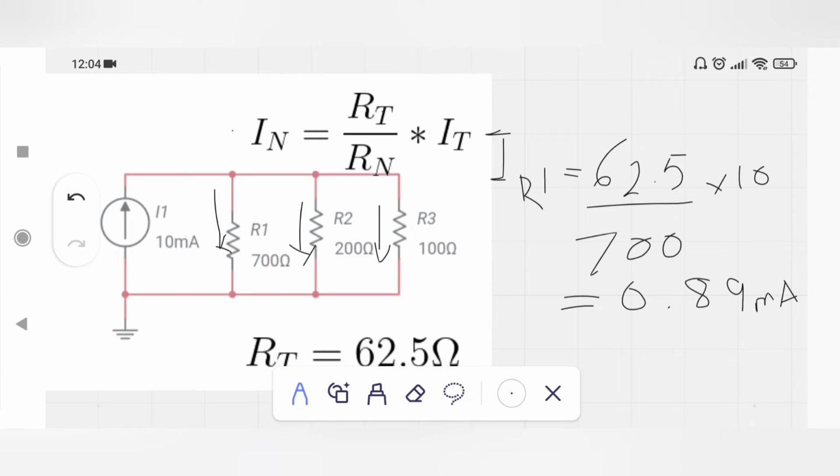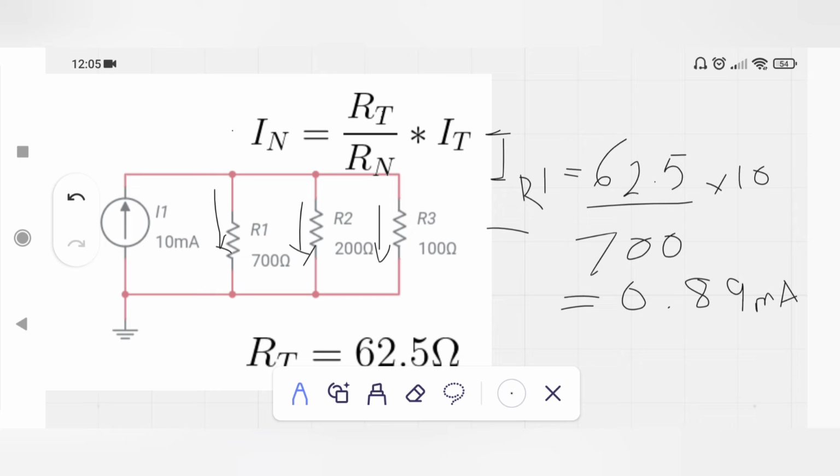First, the current flowing through R1, that is IR1. Substitute values. RT is 62.5 ohm, RN here is 700, that is R1, and IT is 10 milliampere. Substitute values and we get 0.89 milliamperes flowing through R1.